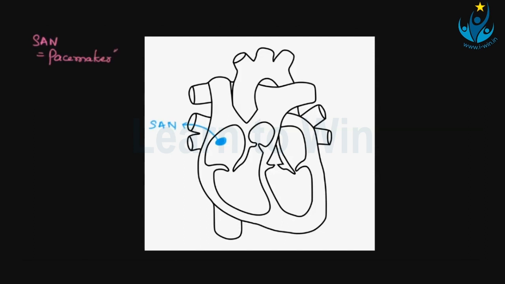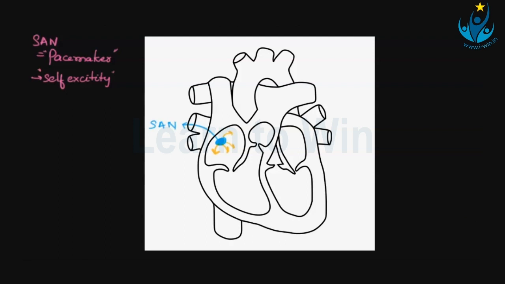It is the pacemaker of the heart because it acts without nervous stimulation, and it is doing self-excitability without nervous stimulation. Okay, so what it does is generate signals, signals to contract, which slowly spread throughout the atrium.